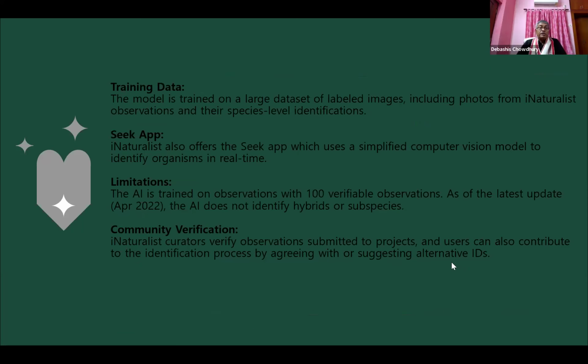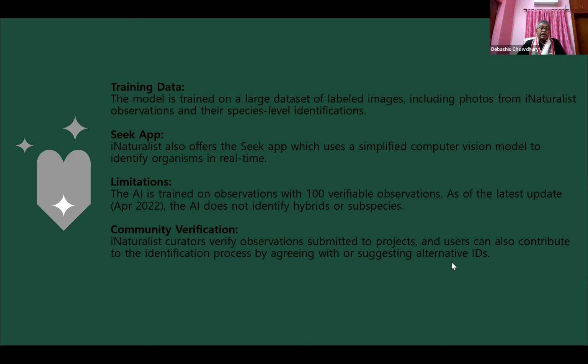Training data. The model is trained on a large dataset of labeled images, including photos from iNaturalist observations and their species level identification, which we have already discussed. There is also the Seek app, which iNaturalist offers to identify organisms in real time.